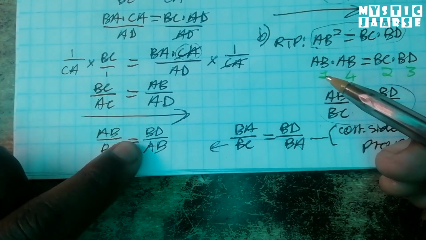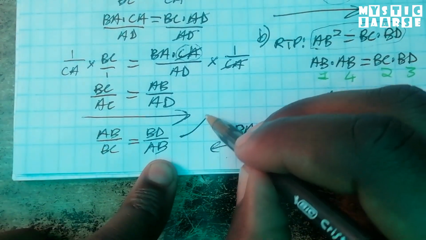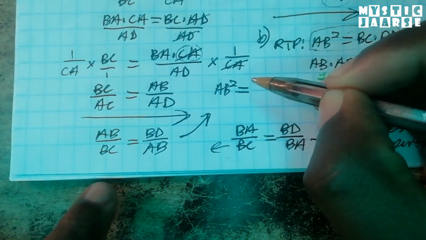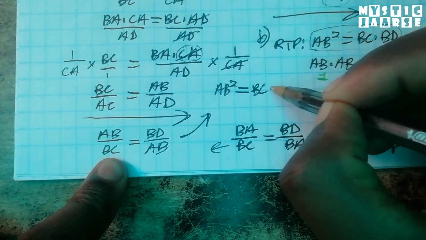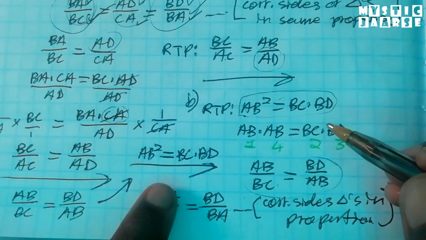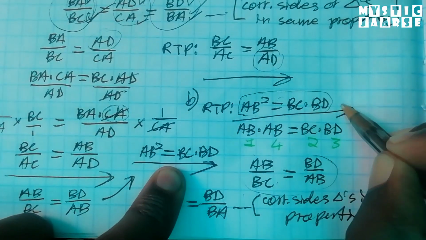And now AB is going to multiply with AB, and we will get AB squared is proportional to BC multiplied by BD. Now this is the same as what they asked us to prove.